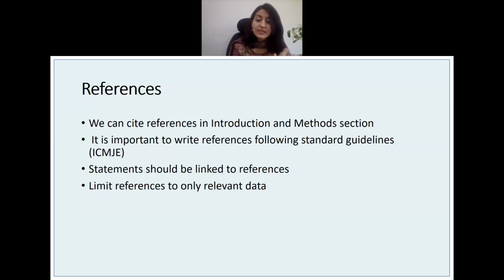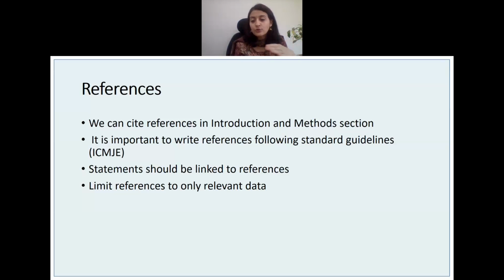You also need to use these references in your introduction section. Even in case of statistical analysis, if you are planning some statistics based on some previously published literature, then you can cite your analysis plans also in your methodology section.